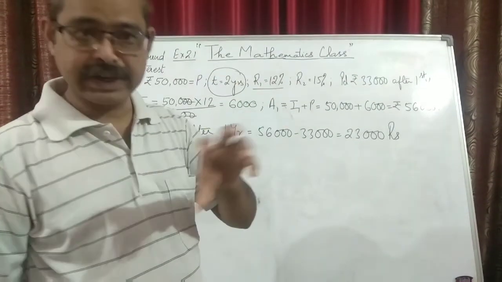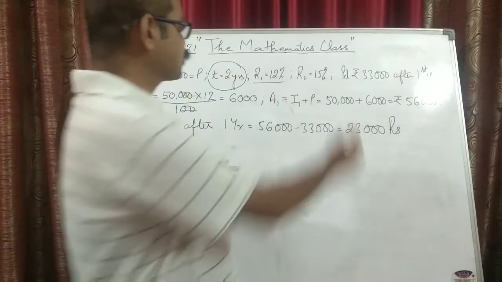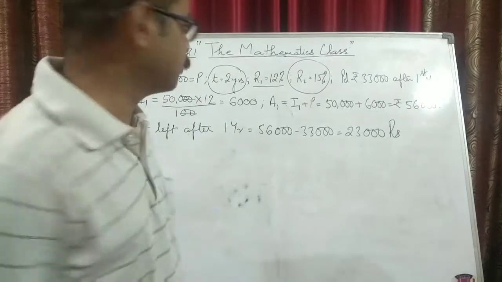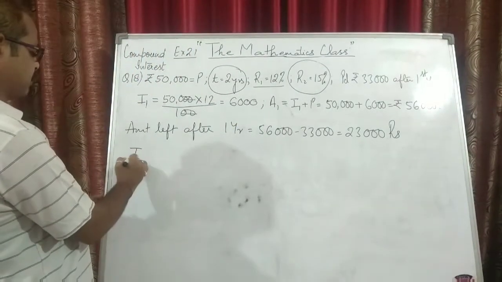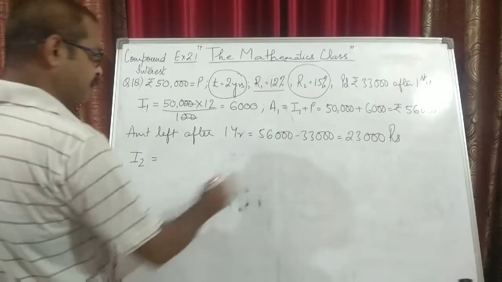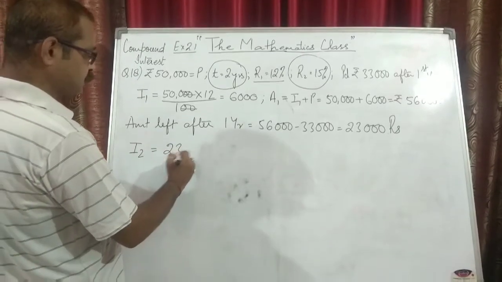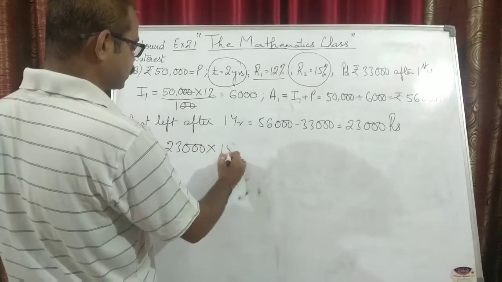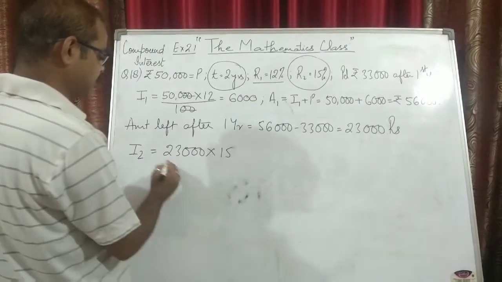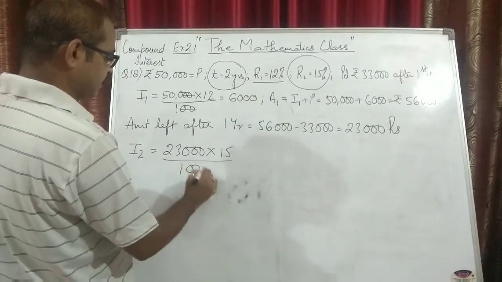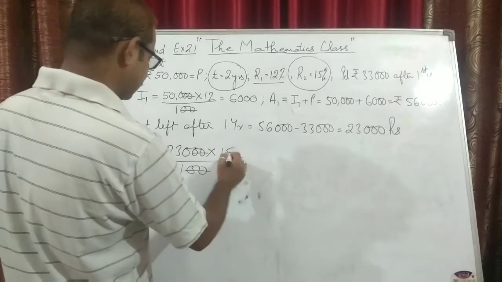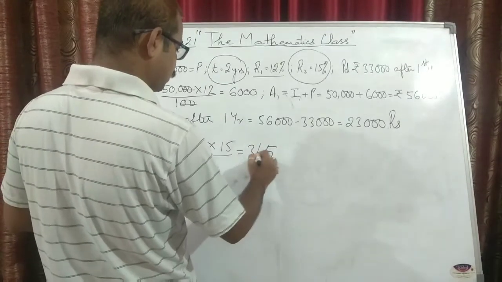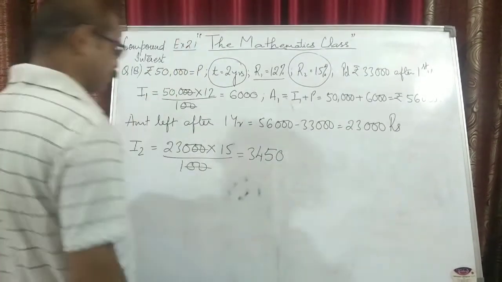This is the amount left in the beginning of second year. So we will calculate how much interest has to be paid at the rate of 15%. Then we will calculate the total amount. So interest for second year will be principal, that is 23000. Rate is now 15%. Time is 1 again. So either you write or you don't write, upon 100. That is 3450.